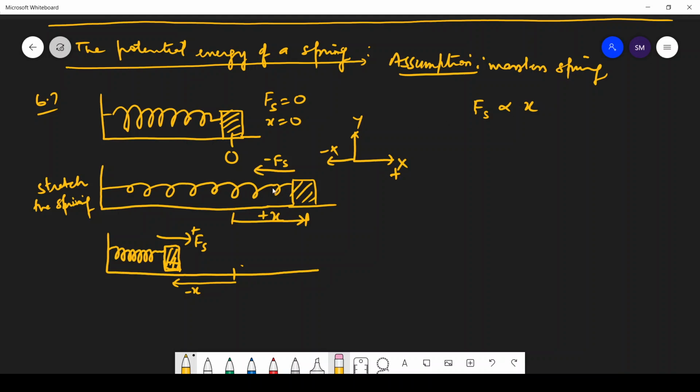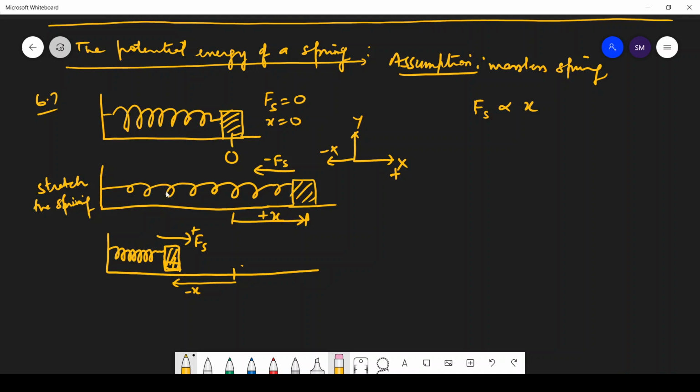The more you stretch it, the more the spring force. So spring force is not a constant force. It depends on the displacement. If the displacement is small, there is little spring force; more stretching, more spring force. And you will come to a point where you can't stretch.